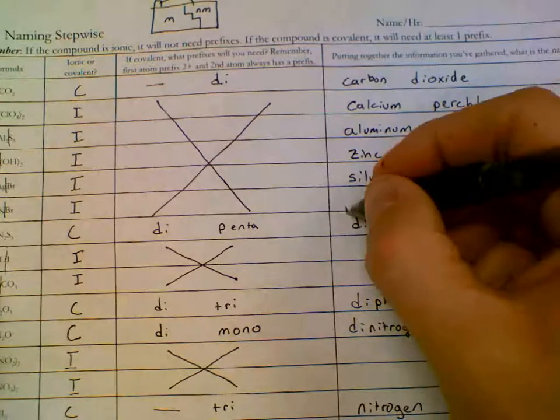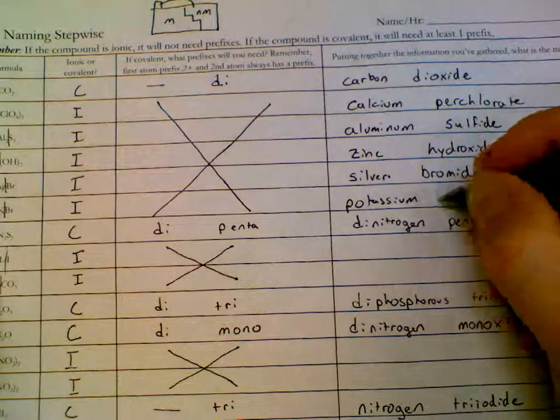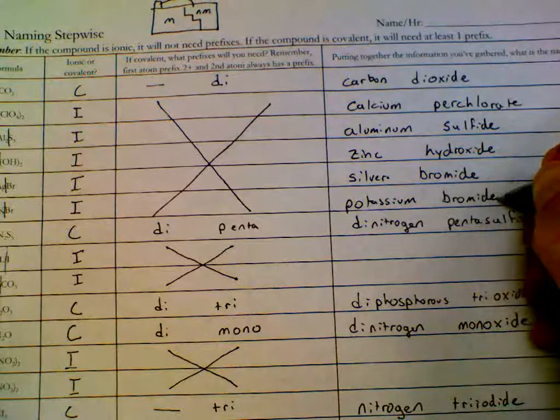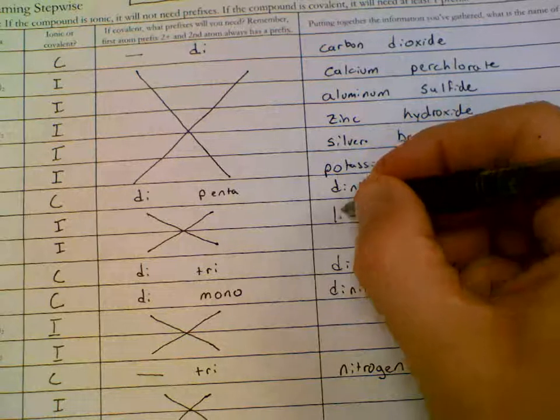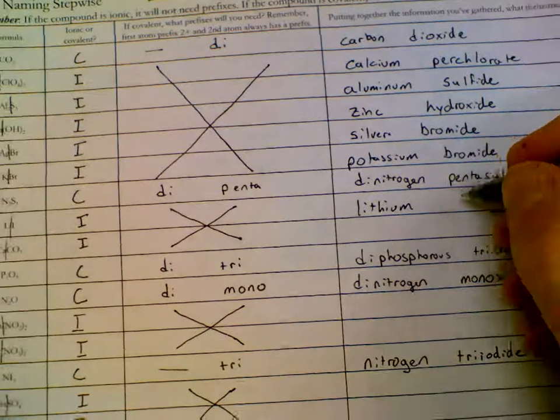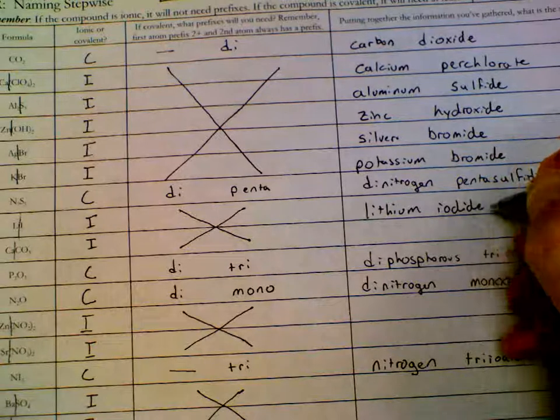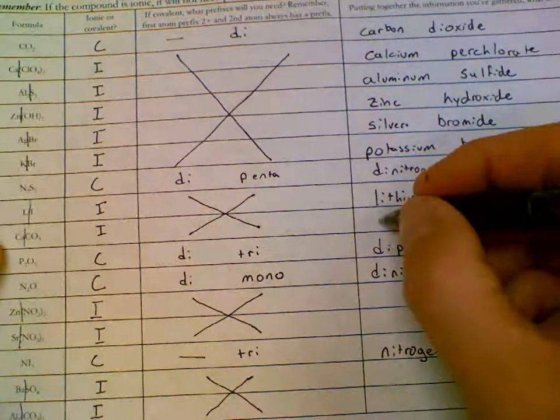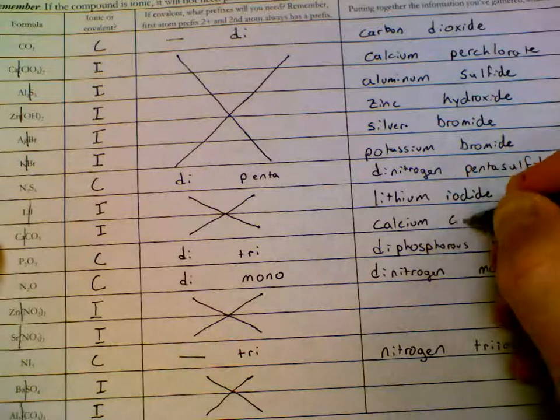K and Br, we have potassium and bromide. Li and then I, we have lithium, and then we have iodide. We have a Ca, and then we have a CO3, so we have calcium, and then we have carbonate.